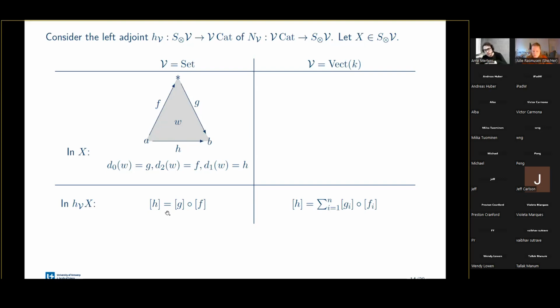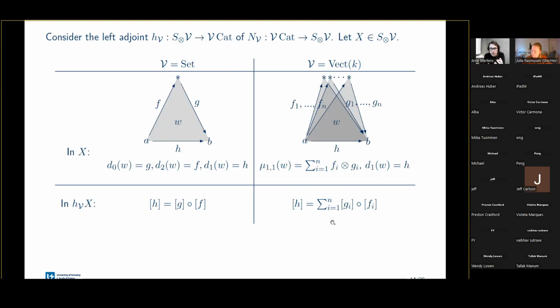But in the linear setup, this becomes a little bit more complicated because we can also express things like this. For example, now V is a category of vector spaces, and I can make equations like this, where H is not just the composition of two morphisms, but the sum of compositions of two morphisms. So how would you express that as a two-simplex? Well, you can do this because the two-simplices in a templicial object have a little bit more freedom.